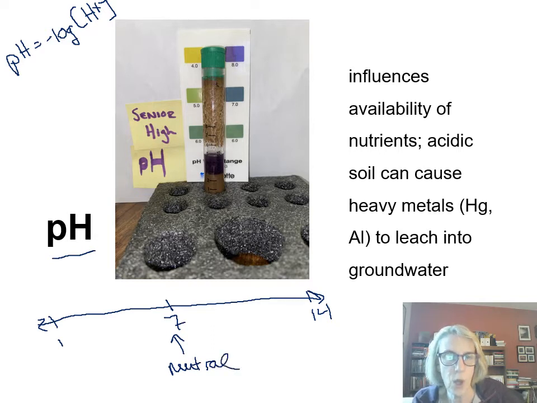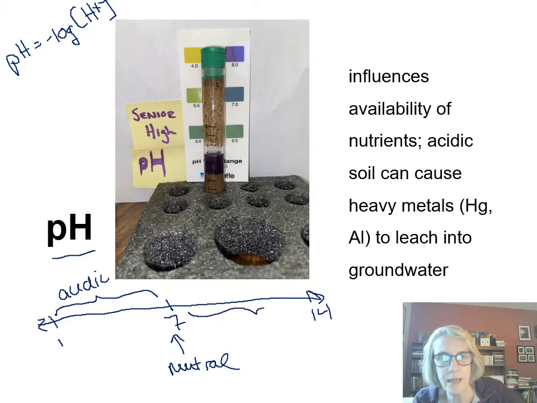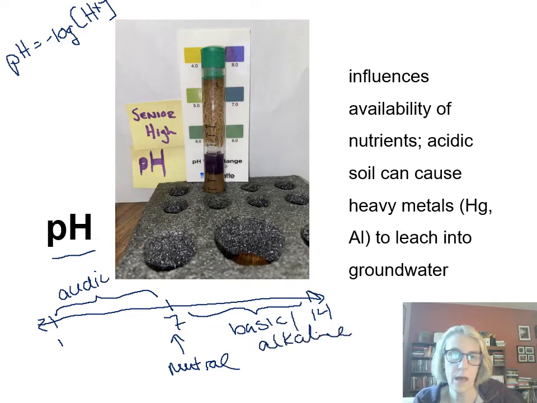If we're below 7, it's acidic. And if it's above 7, we consider it basic or alkaline, okay?